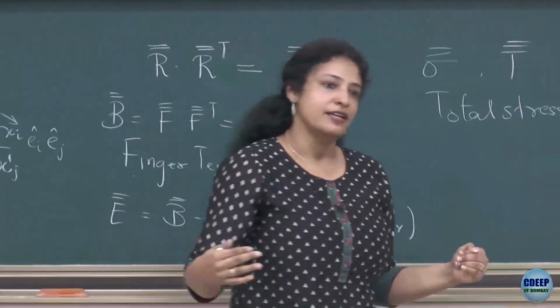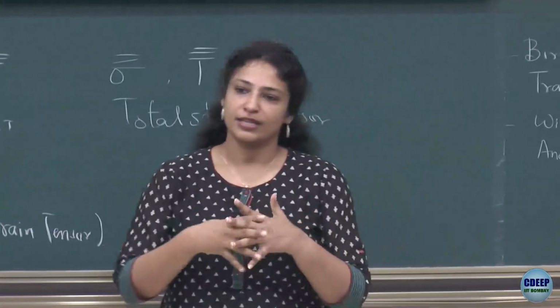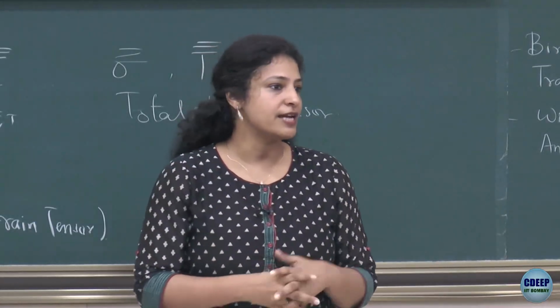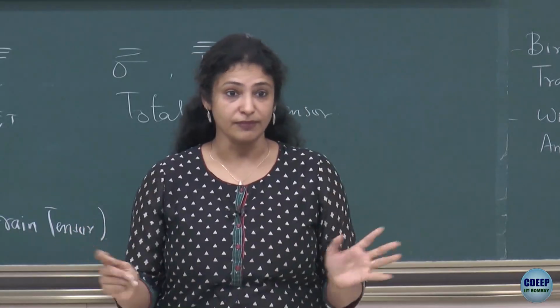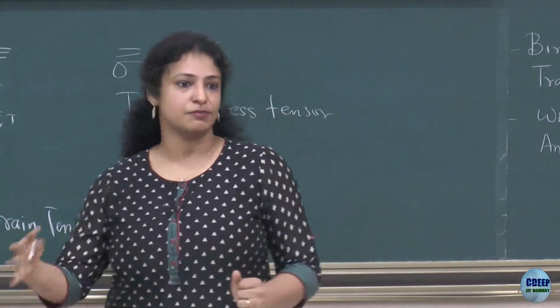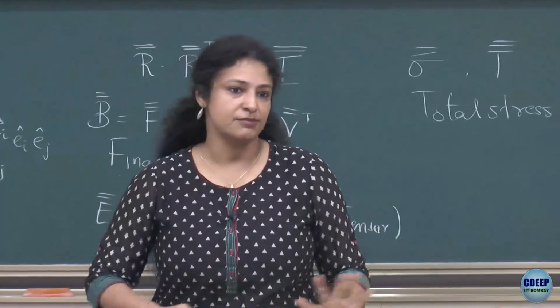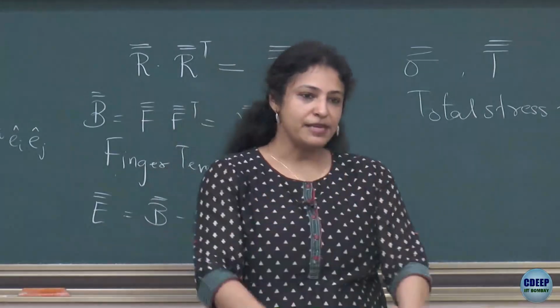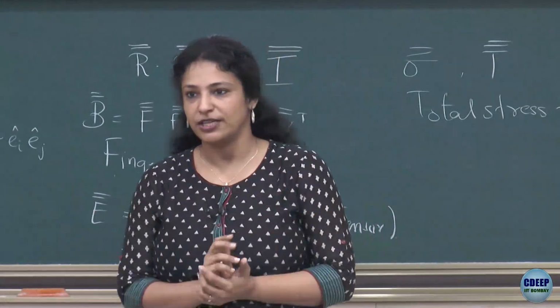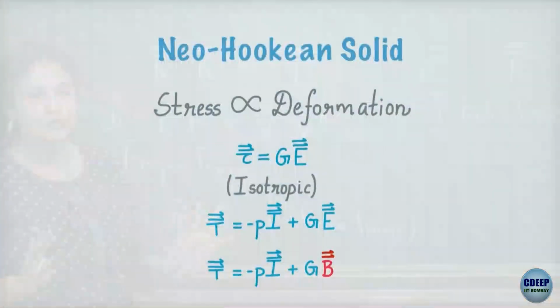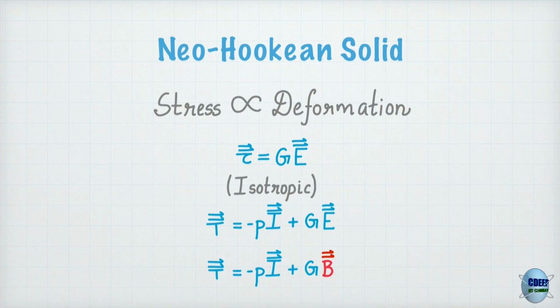And we say that the relation that combines these two is that of proportionality. So, the stress tensor is proportional to our strain tensor and the proportionality constant is a modulus, right. That is the very basic simplest way of putting forward Hooke's law. This is known as the neo-Hookean solid, right. The only difference is that we are looking at the 3-dimensional picture, but the thought of Hooke's law still persists.